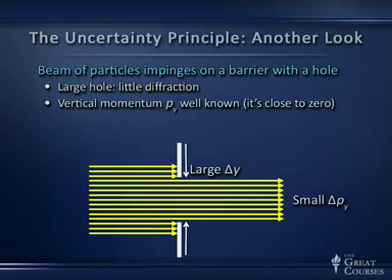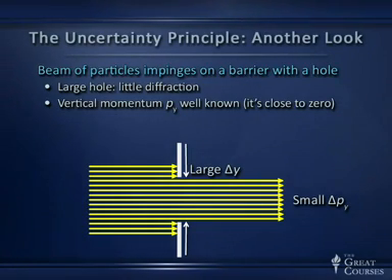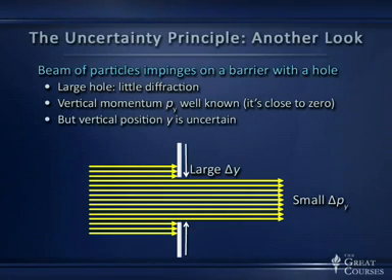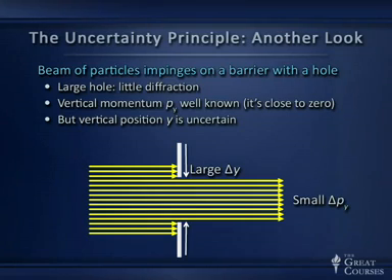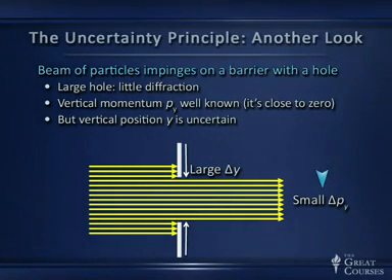I know the momentum in the vertical direction. I'm not talking about this momentum to the right, the momentum in the vertical direction. But the vertical position is quite uncertain. It's uncertain because I sent those particles through a big slit. So I don't know exactly where they are. So there's a trade-off. I've got a large delta y, a large uncertainty in position, a small uncertainty in momentum.